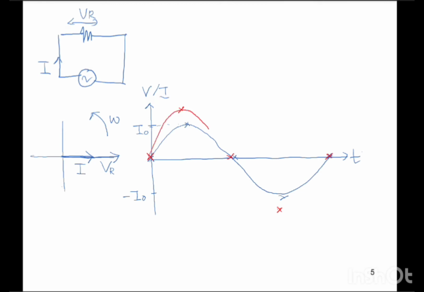When we sketch this graph, we get the sinusoidal waveform. The equation for VR is equal to V0 sine omega t, and for I is equal to I0 sine omega t.